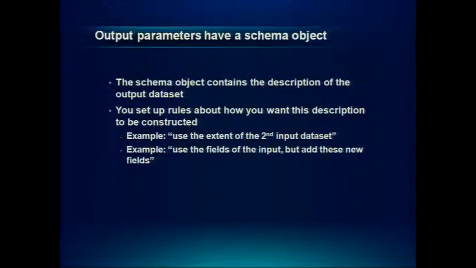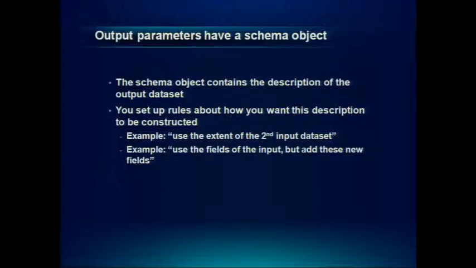The way we describe the output in a Tool Validator, and I'm not going to get into this, but David will talk a little bit about it: when you're in a Tool Validator, any output parameter has something called a schema object. You get that off of the output parameter, and you can set up rules. You don't say, I want the output to be named this, I want it to be a point feature class, I want it to have these fields.